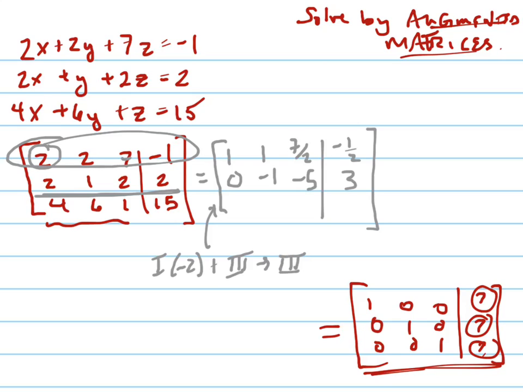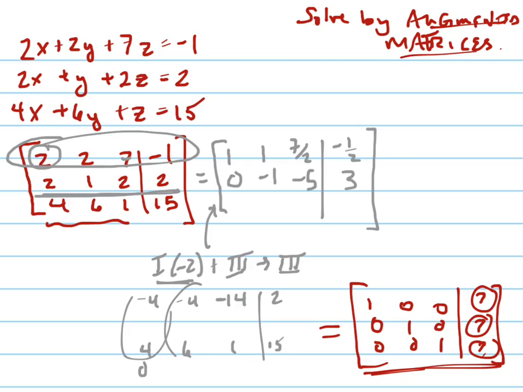I'm kind of doing it in my head, but let's just go ahead and do the work. Here's row 1 times negative 2: negative 4, negative 4, negative 14, and positive 2. This bottom row is 4, 6, 1, 15, so I'm adding them straight down.